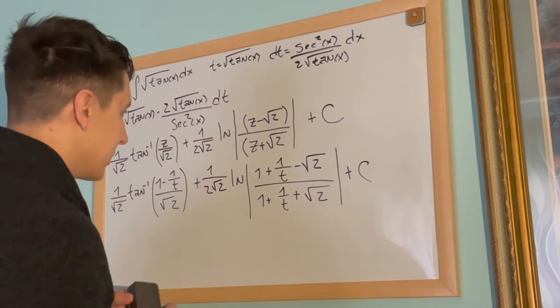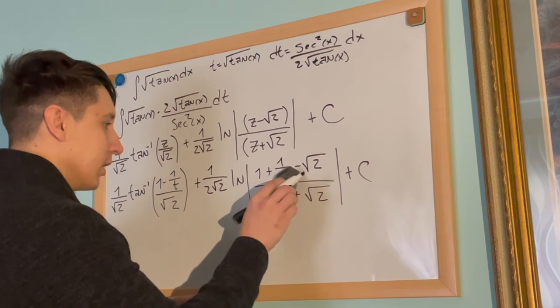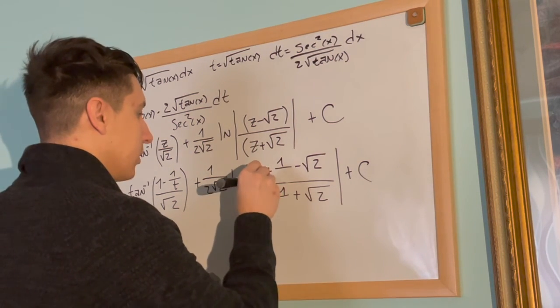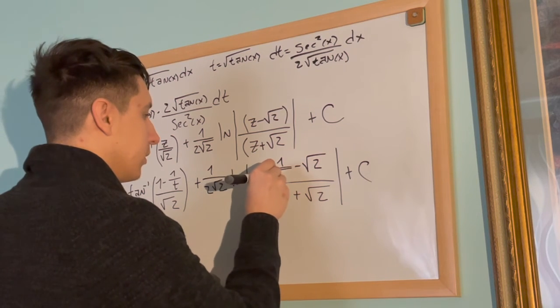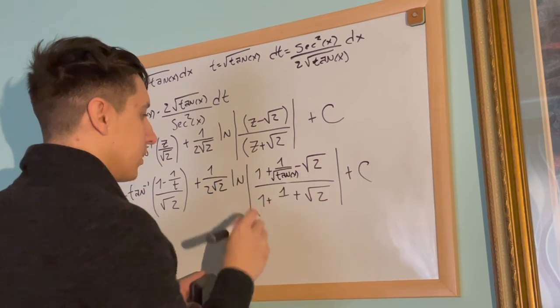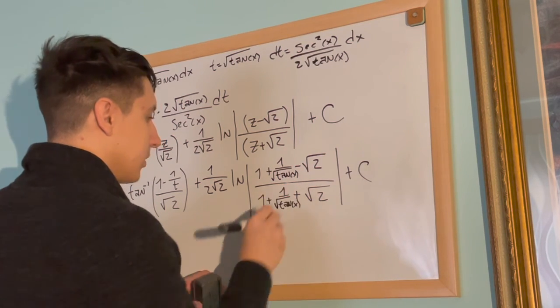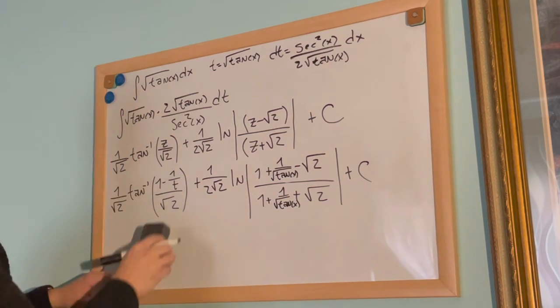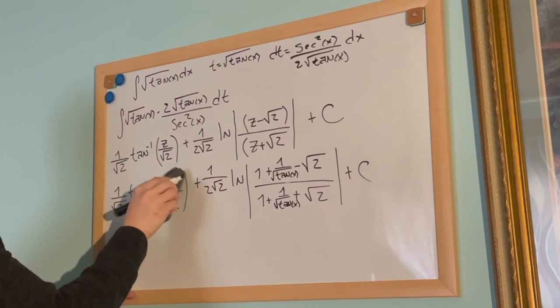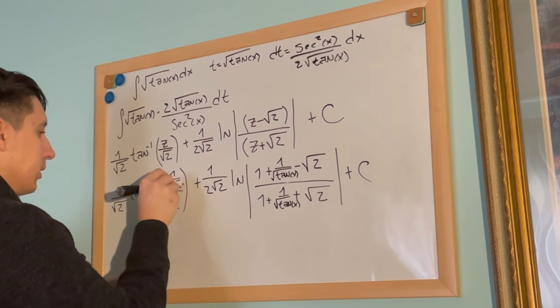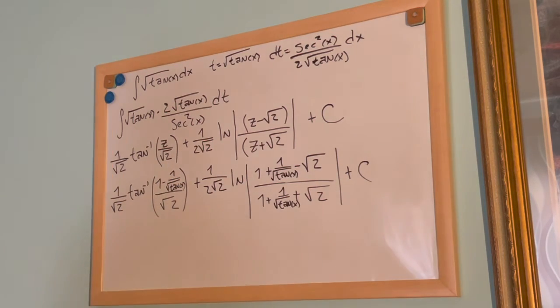Luckily I have a dry erase here, so I can get rid of that right here and put root of tangent of x, root of tangent of x, and then right here, root tangent of x. And that is essentially our answer here.